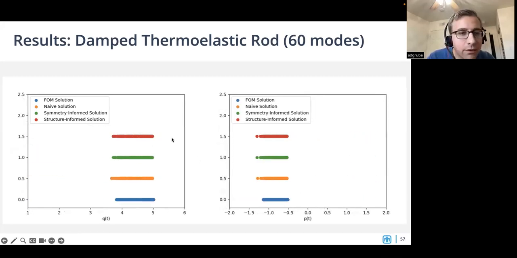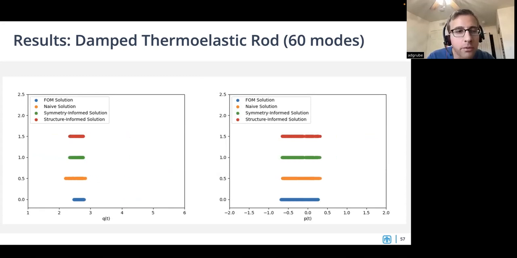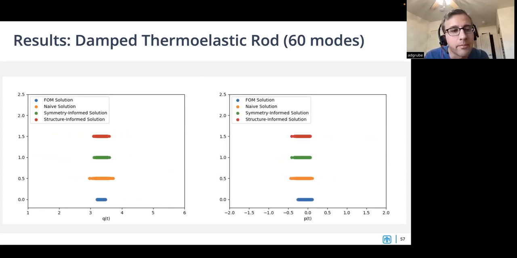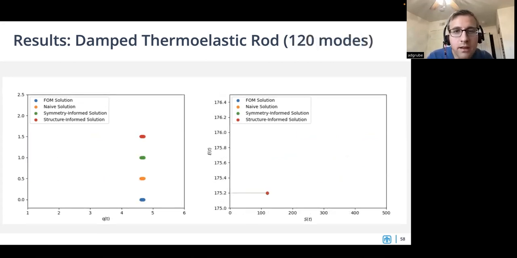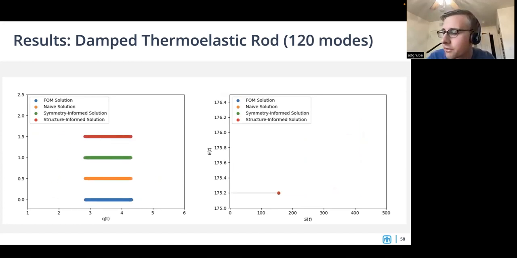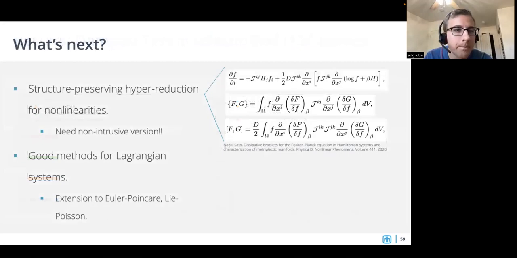And here's again the same view as before, but you can actually see the rod bouncing around, and things are getting closer. And then you can crank it up even more, where now the accuracy is pretty much perfect, but the energy and entropy are still only captured by the red dot, which is why it really is important when you're doing model reduction to take into account these kinds of things.